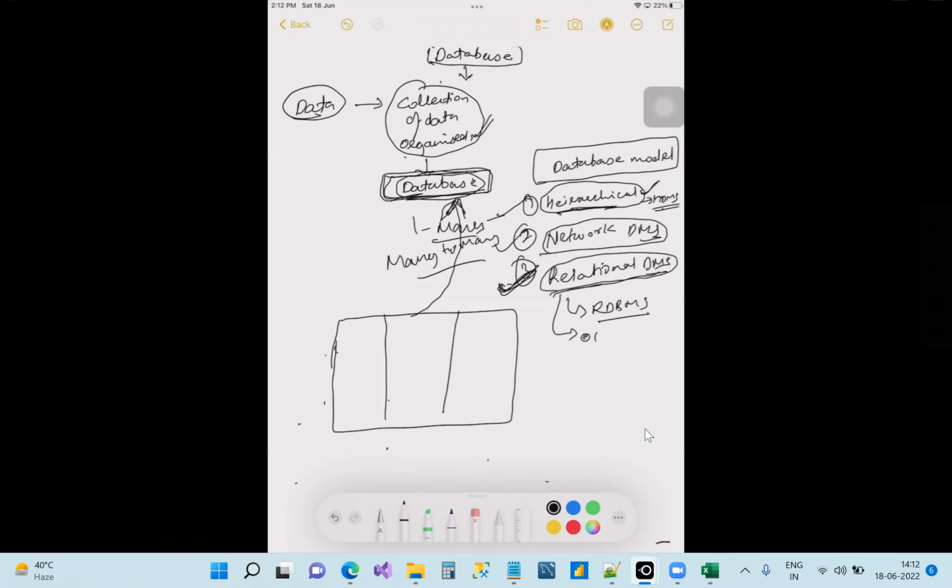Relational can incorporate one-to-many, one-to-one, and many-to-many, which was the advantage of network and hierarchical. The drawbacks of hierarchical and network were done away with in relational, because in the hierarchical and network database management systems we could not do a one-to-one relationship, but in relational we can.